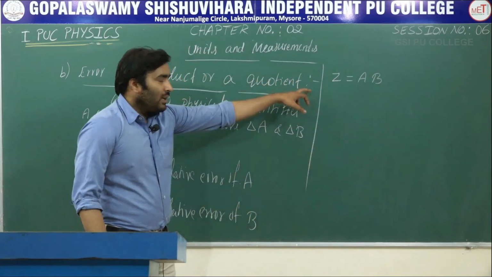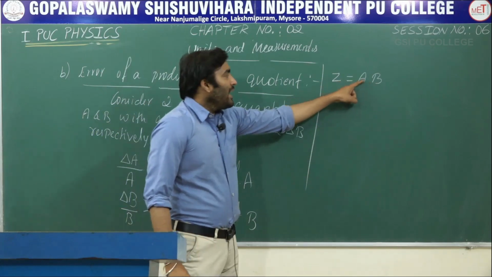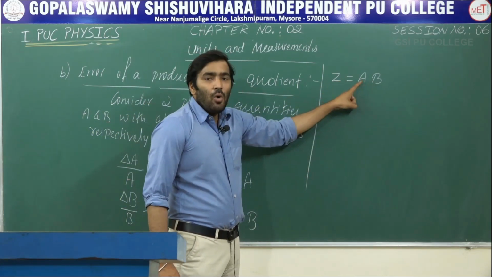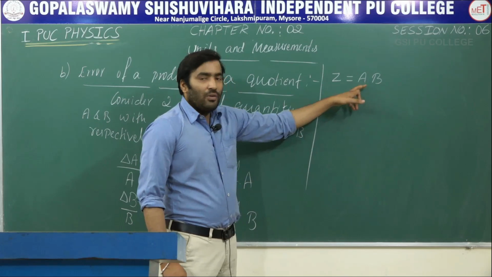Now let the equation be z is equal to A into B. A and B are two physical quantities which are multiplied, so it is in the form of a product.